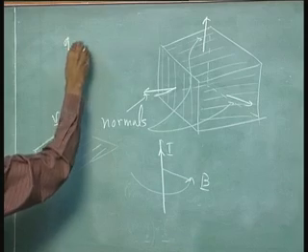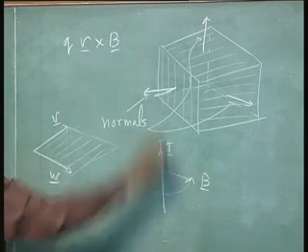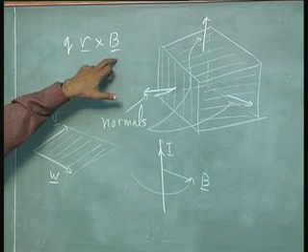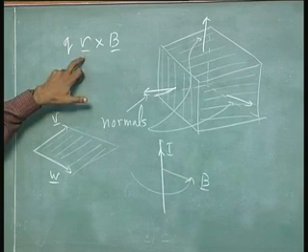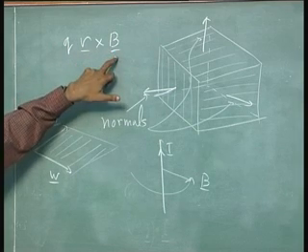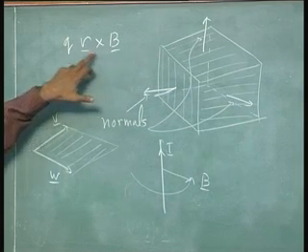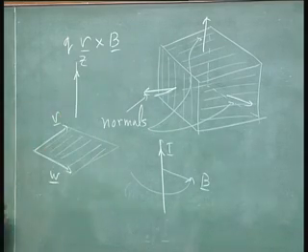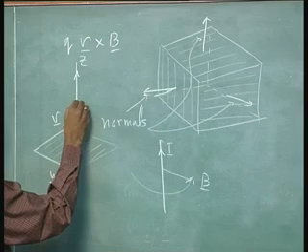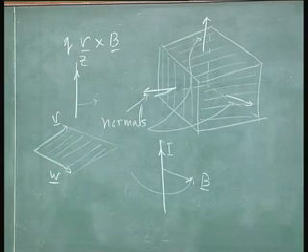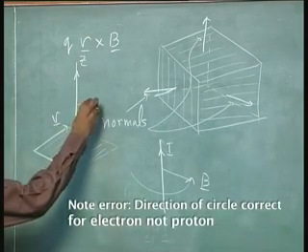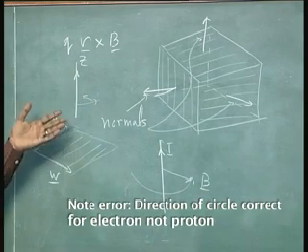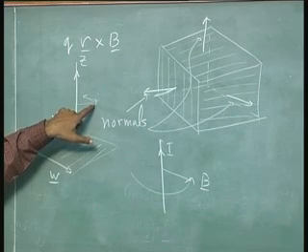It is Q V cross B. So, if a proton moves in a magnetic field, it feels a force that is perpendicular, that is normal, to both V and to B. And so, you find that if you have a magnetic field pointing in the z direction and the proton is moving in the xy plane, the proton is at all times feeling a force that is again in the xy plane, but 90 degrees to the velocity.